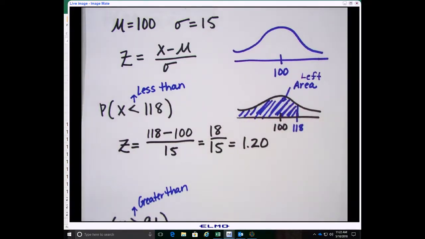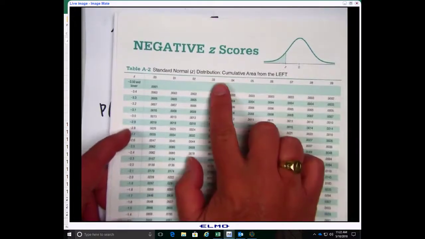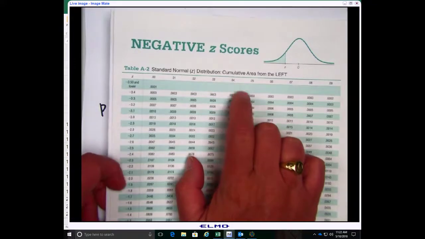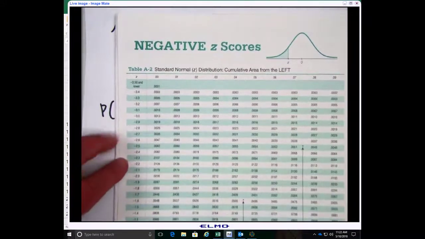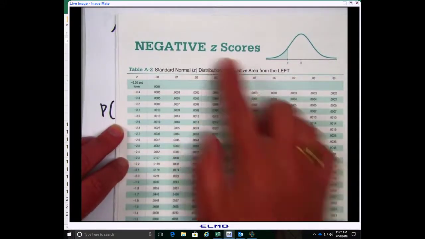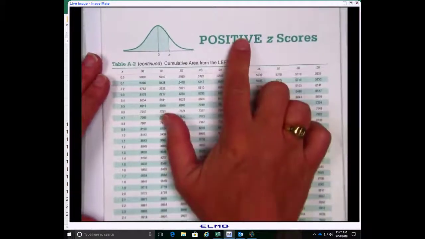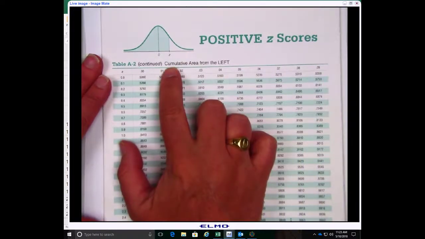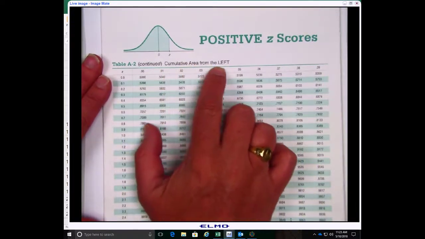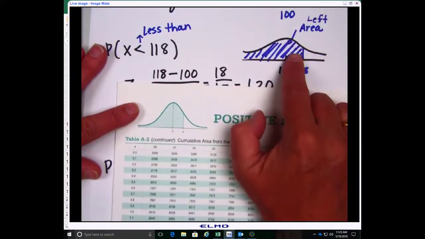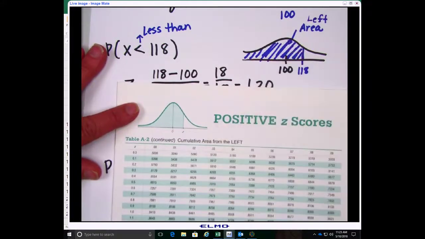Now, we go to our normal distribution table, and we're going to look up 1.20. I see here that these are my negative z-values, so I'm going to look for the table that has my positive z-values. Notice here that when I look up an area in this table, it's going to give me the left area. Well, in this particular example, that's what I want.